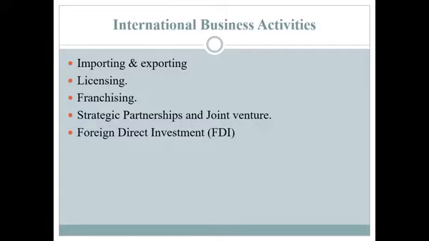Why do they allow these people to use their intellectual property? They get royalty, they get income through that. The licensee is a person who is allowed to use such intellectual property. That licensee pays a fixed fee to the licensor, which is called royalty.